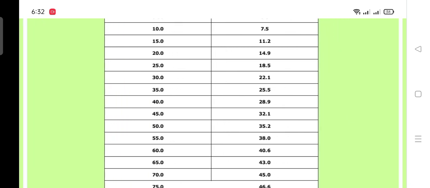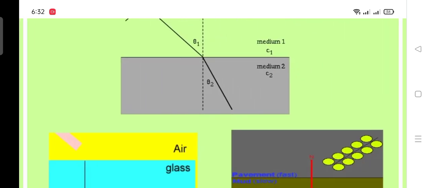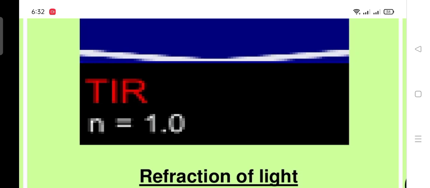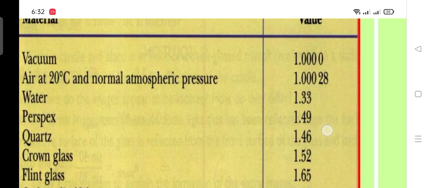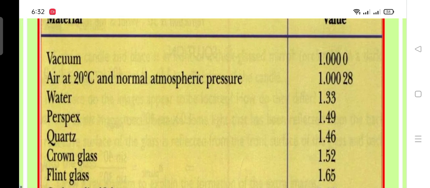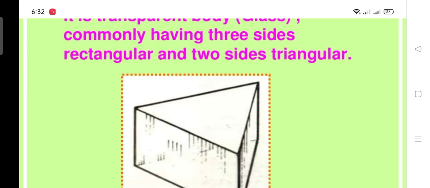So here are some conditions of the images, and here is an example of how light gets refracted. Here are some values of the refractive index. Vacuum has 1, water has 1.3, perspex has 1.49, quartz has 1.4. These are the values of the refractive index.